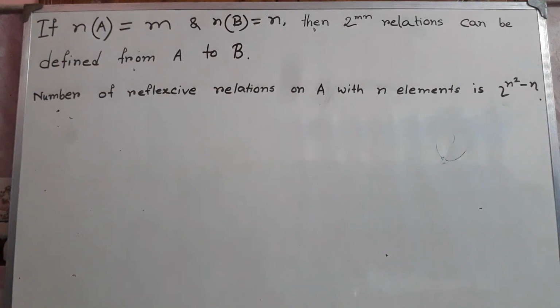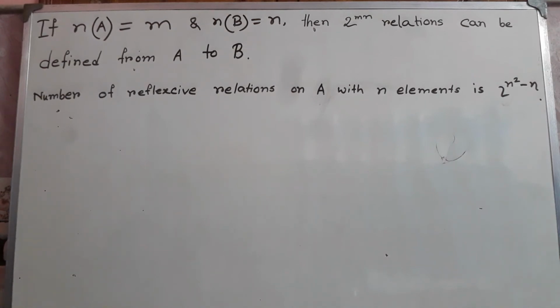If the number of elements in the set A is m and the number of elements in the set B is n, then 2 to the power mn different relations are possible from the set A to the set B. Similarly, the number of reflexive relations on a non-empty set A having n elements is 2 to the power n squared minus n.